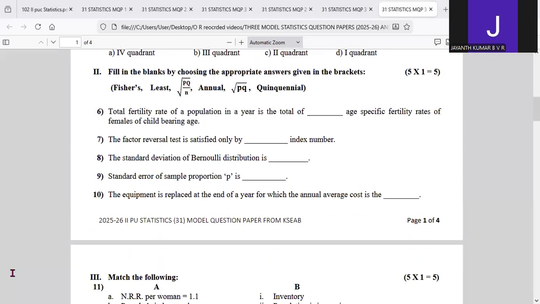Similarly, fill in the blank. The total fertility rate of a population in a year is the total of age-specific fertility rates of females of childbearing age.